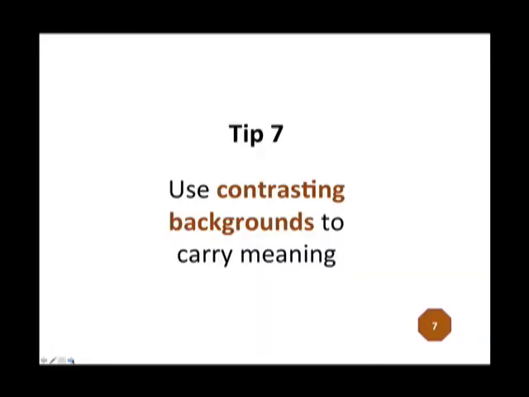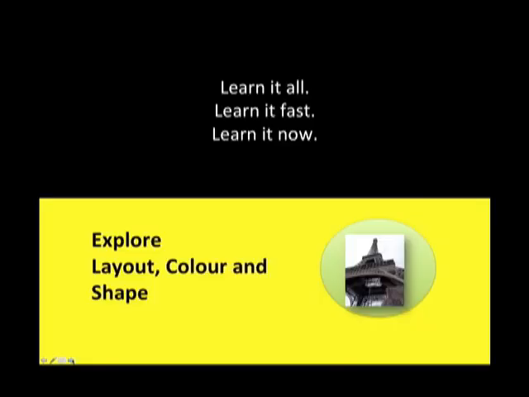Tip number 7. Let's use some contrasting backgrounds to carry meaning. So here's another example of how color can help. Again, very simple layout, but we've used a black background for the top half with white text, so contrasting colors. On the top half, we've got repetition of some key phrases.